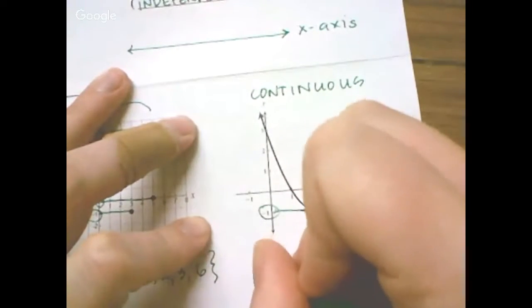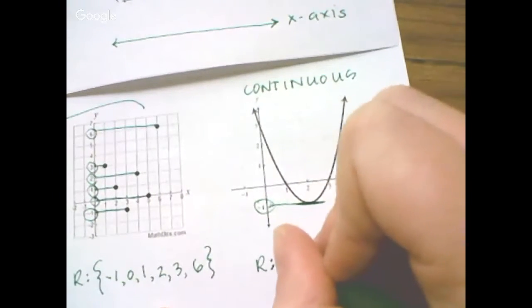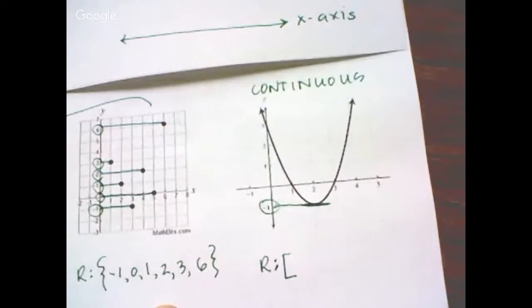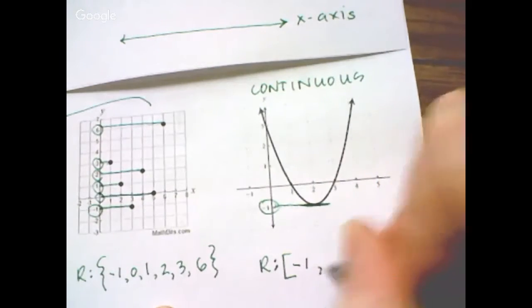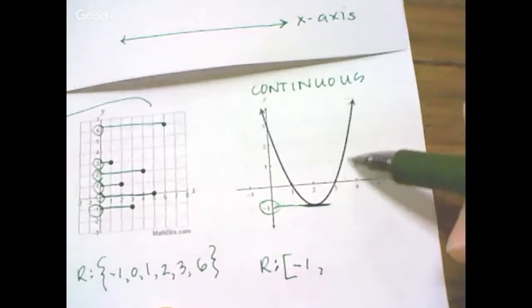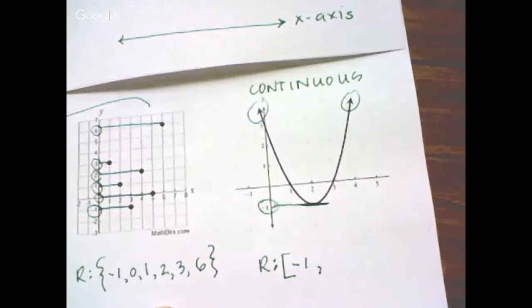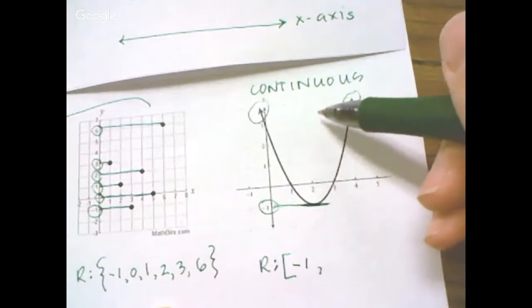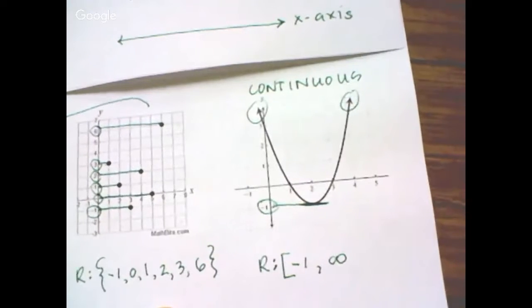So my range, because it's a solid ending, I'm going to use a square bracket. My range is going from -1 all the way to, and because I have, again, these arrows that are going up, I'm going to say it's going to keep going up and up. So it's going all the way to positive infinity.